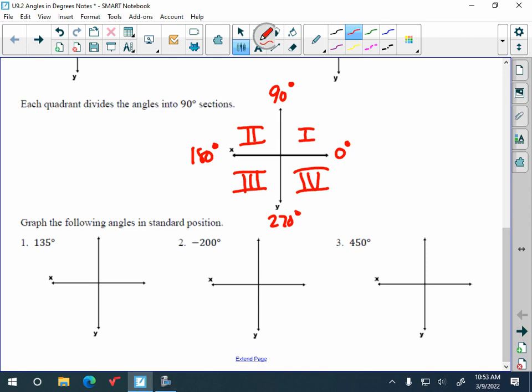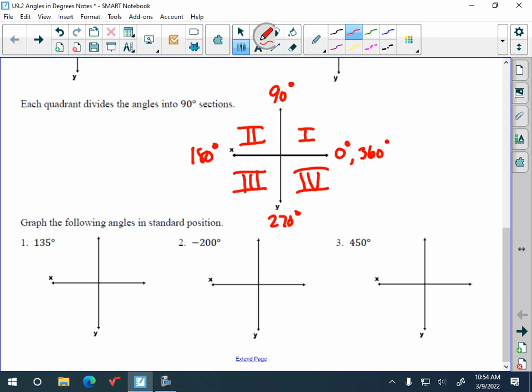If it does one full rotation, then you're back at 360 degrees, which is where 0 is. These angles can rotate more than one time, so we can sketch angles that are bigger than 360. We would just use concentric circles to show that it's rotated more than once.